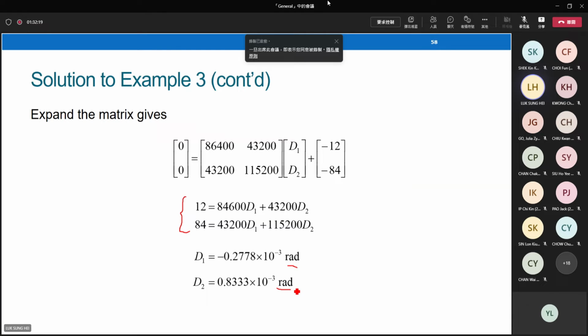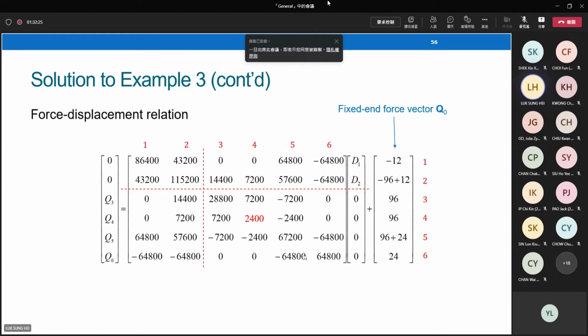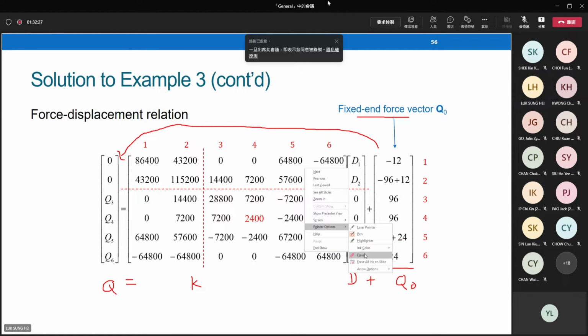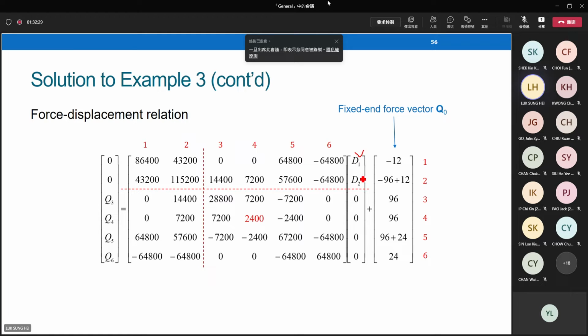Once you have the rotations, you can use them to find out our unknown reactions. If you know the unknown reactions, you can go back to this formula. Once you know D1, D2, you can calculate Q3, Q4, Q5, Q6 by using the bottom part of this matrix equation.